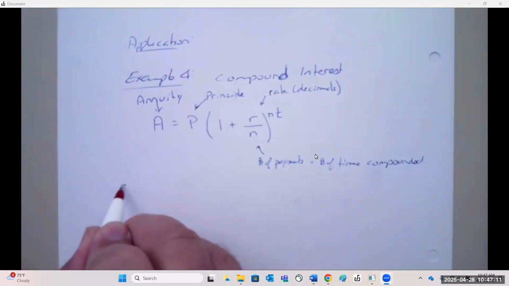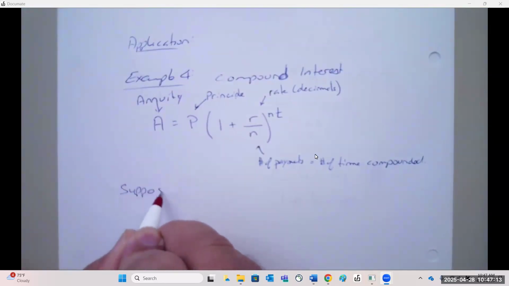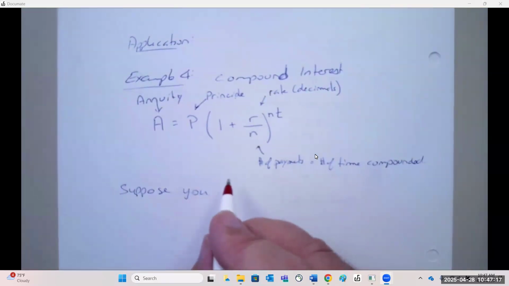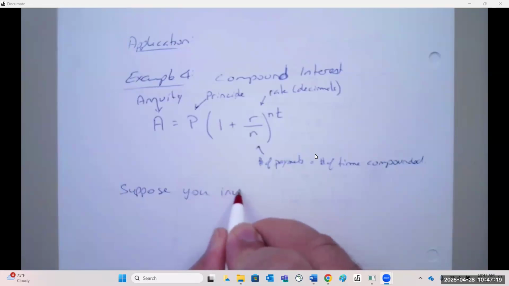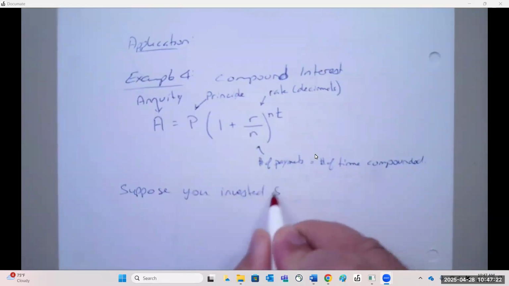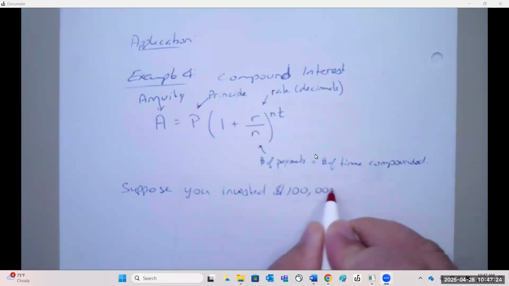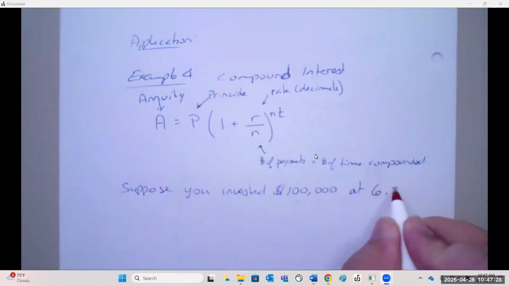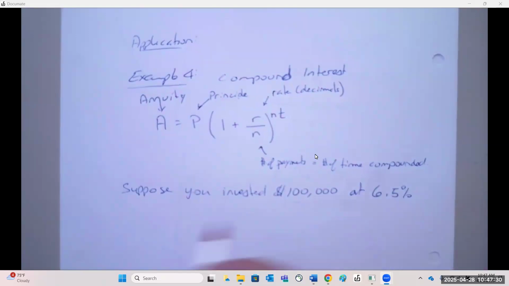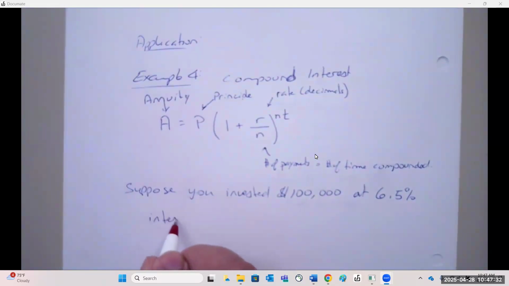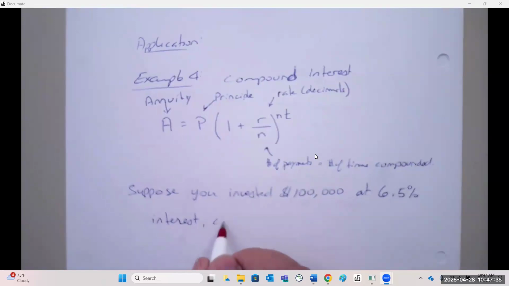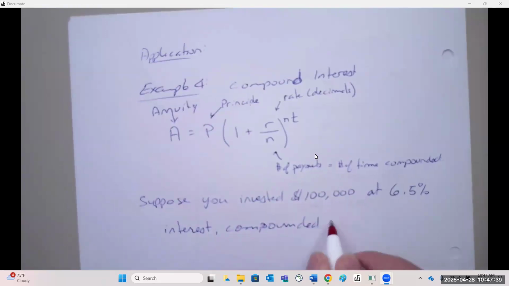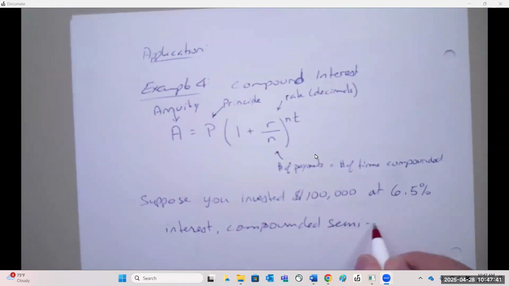Okay, suppose you invested $100,000 at 6.5% interest, compounded semi-annually.